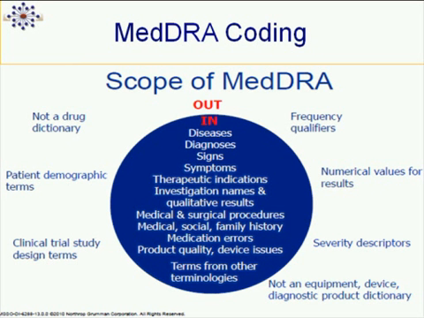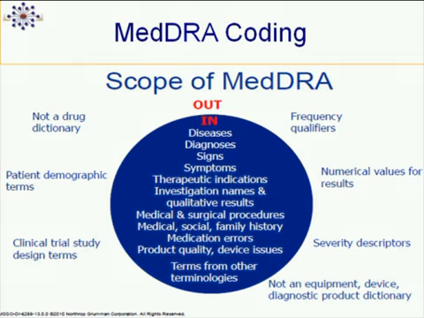It's not a dictionary for drugs. There's a different section for that, but it does allow us to put information into system organ classes and to assign specific safety terms from other terminologies to help us narrow down the scope of what's being reported and make it consistent across trials.